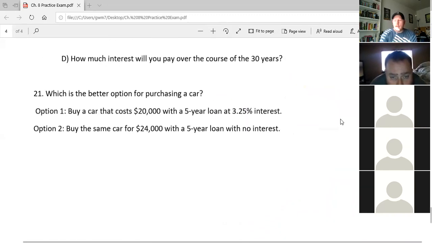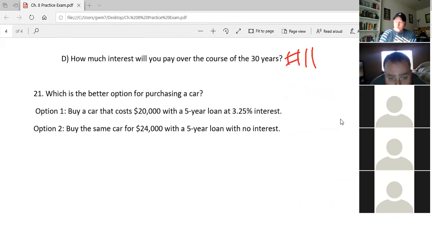D says how much interest. That is formula number 11. So you take the total of all your payments minus the loan amount. On this one, each of the payments was $993.97.